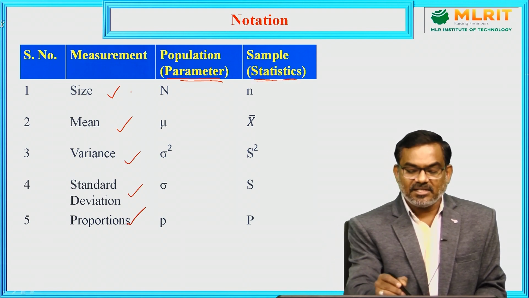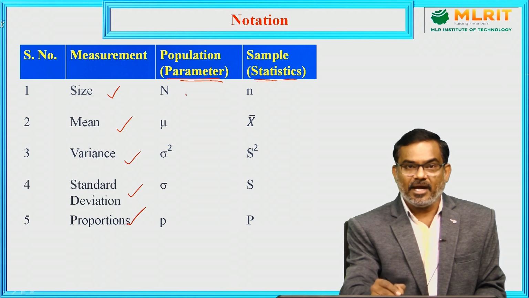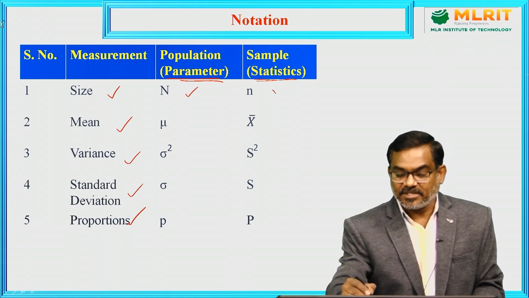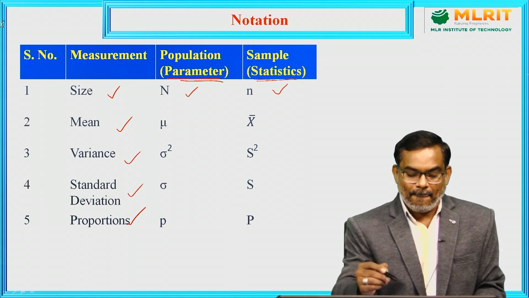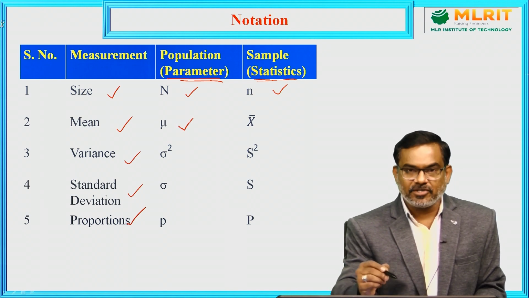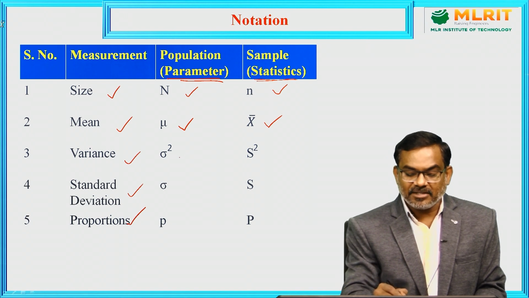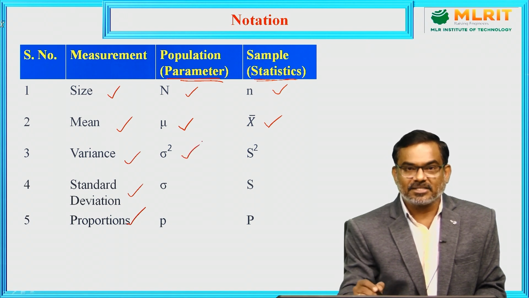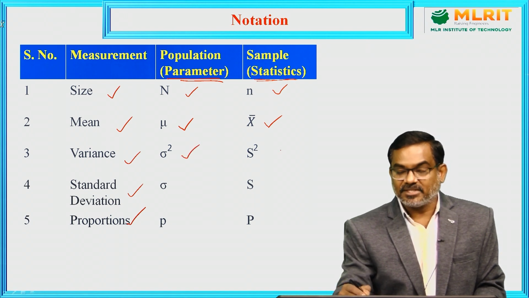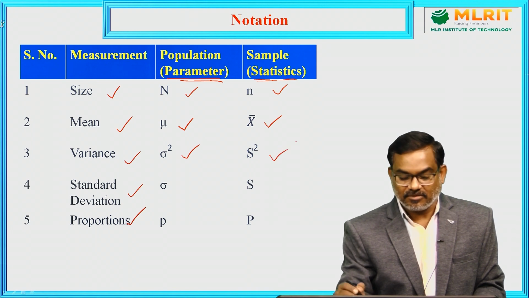Here the size of the population is denoted by capital N and the size of the sample is denoted by small n. Similarly, mean of the population is mu and mean of the sample is x bar, and variance of the population is denoted by sigma square and variance of the sample is denoted by s square.